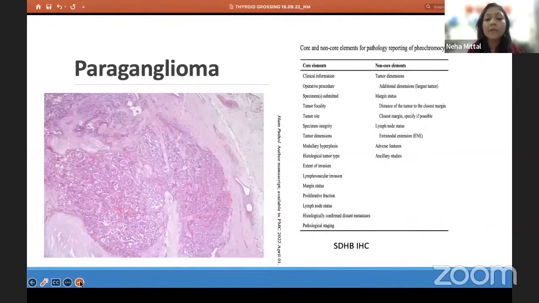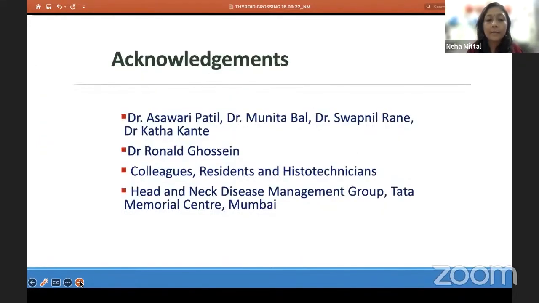Rest, extent of invasion, lymphovascular invasion, margin status, proliferative fraction, all those parameters stay standard for whatever neuroendocrine tumors or other tumors we have seen till now. So this is just to show you in gist the grossing of all the neuroendocrine related and thyroidectomy specimens of the head and neck region.